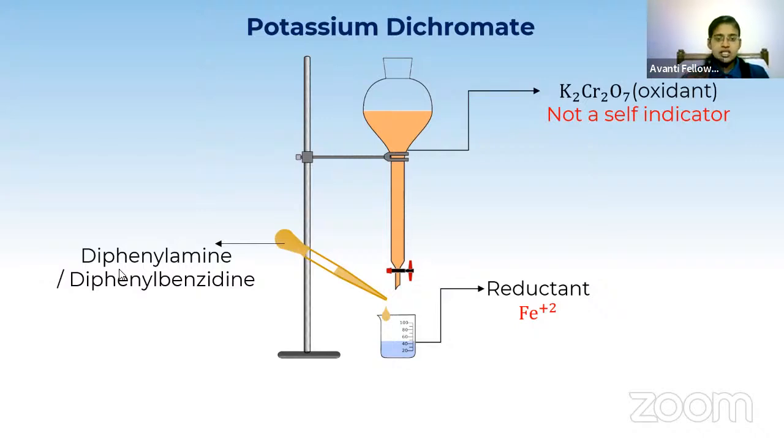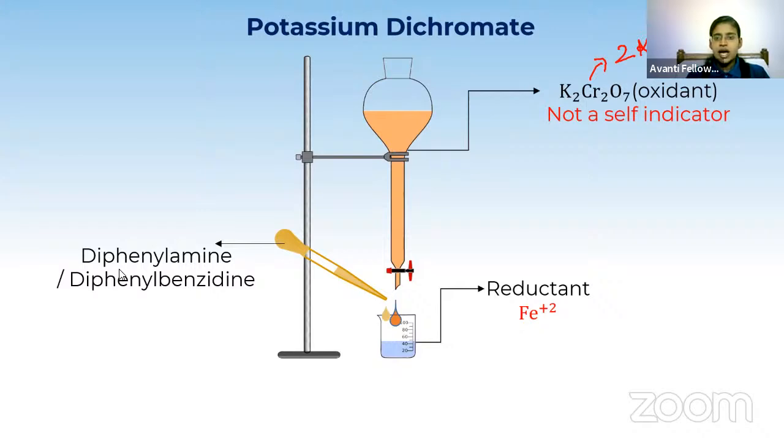Okay. So then start the titration. Some droplets of K2Cr2O7 will fall into the beaker and the reaction will occur. At one point, the color change will happen, and at that point, we have to stop it. In K2Cr2O7, we have 2K+ and Cr2O7 2- ion.